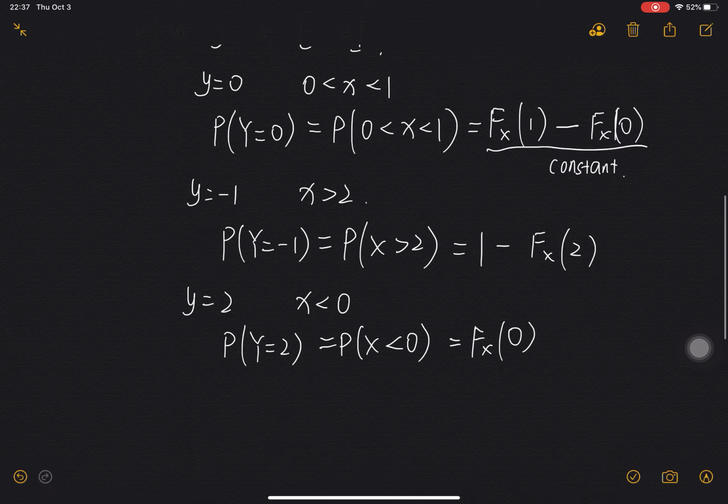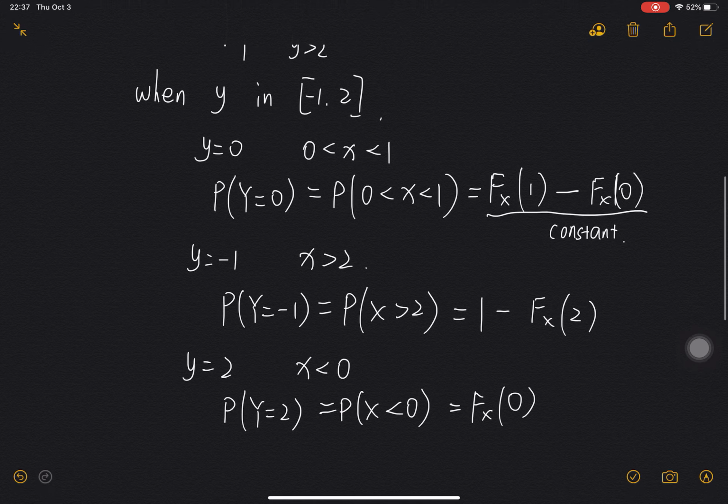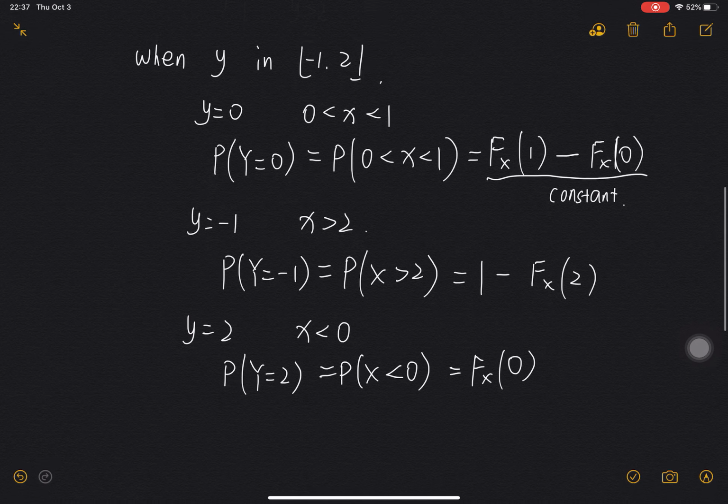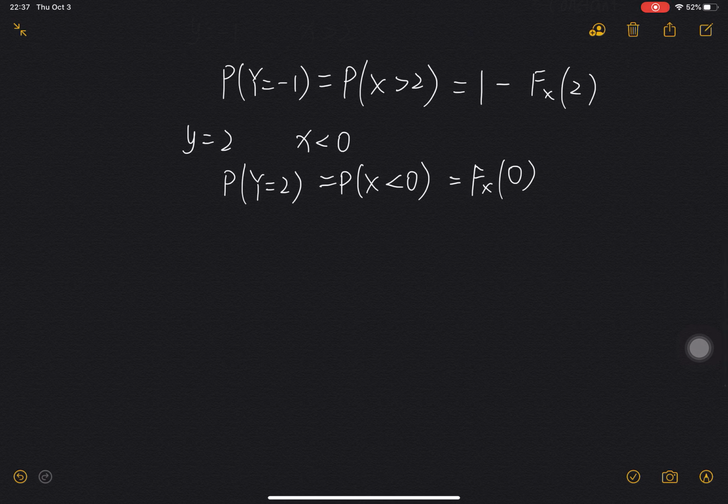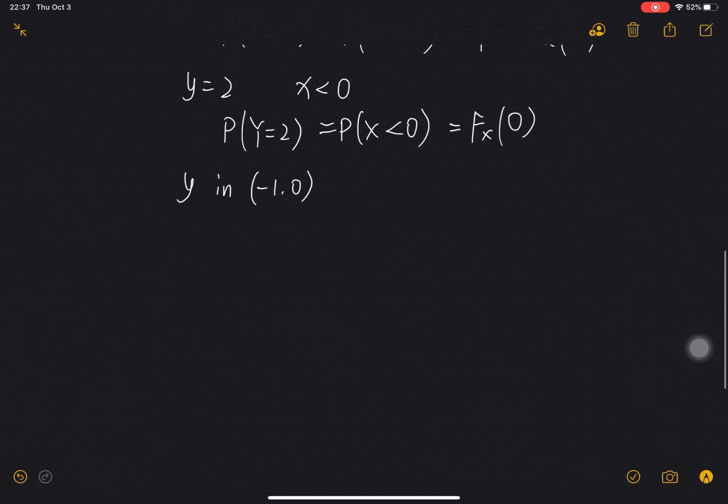Alright, we have talked about some special points. Now when y is larger than minus 1 and smaller than 2, let's talk about the common case when y is in minus 1 and 0. In this part, y equals minus x plus 1.